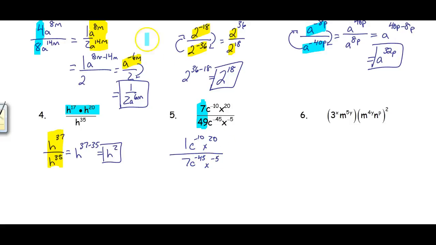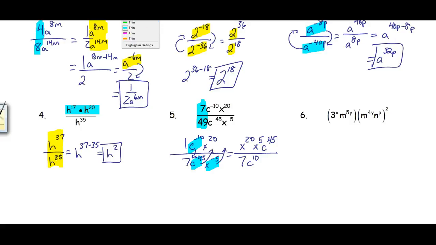Now we want to go ahead and move our negative exponents first, take care of those. So c to the 10th is going to the bottom, c to the negative 45, and x to the negative 5th is going up. So you get x to the 20th, which stays, x to the 5th moved up, and c to the 45 moved up, over 7 stays, and then c to the 10th is moving down.